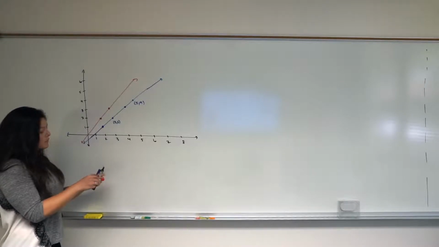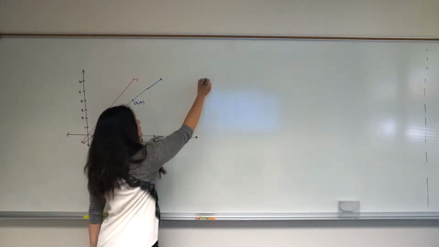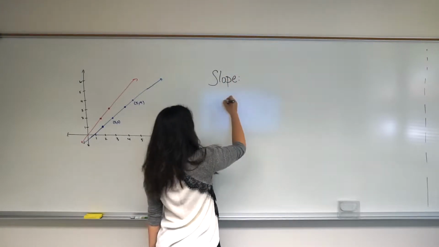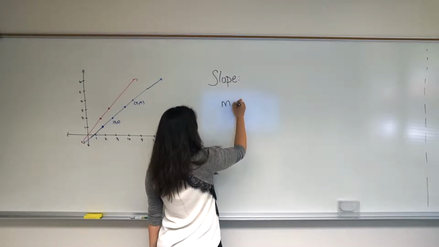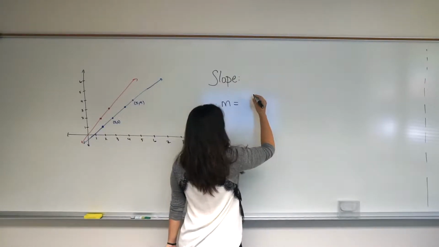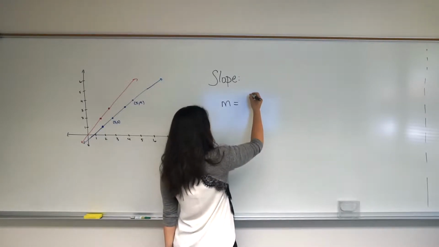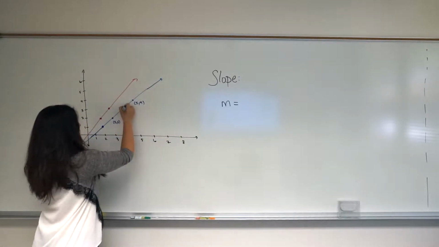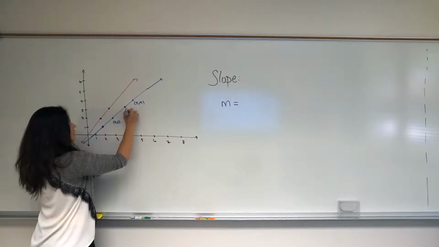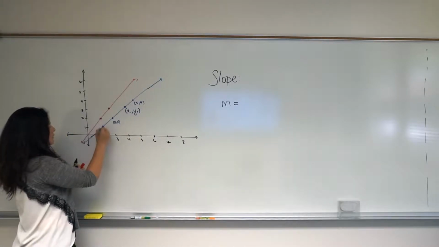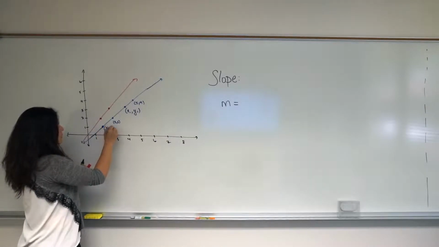And the slope of the line is given to us by the variable m, and we can find that slope if we have 2 points on the line. So let's say this point on the blue line, I'm going to call it x1, y1, and let's call this point here x2, y2.